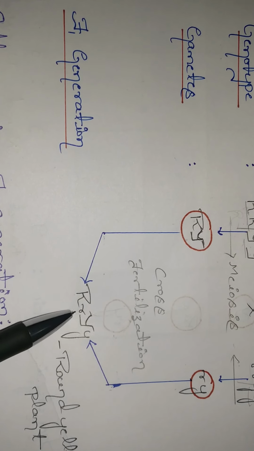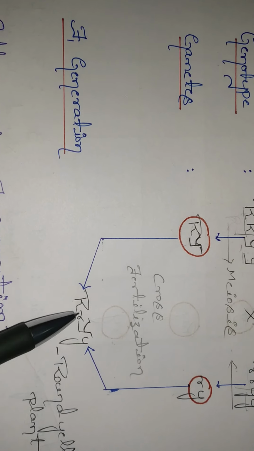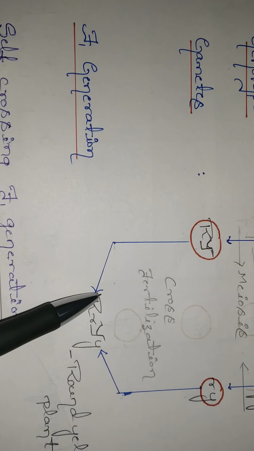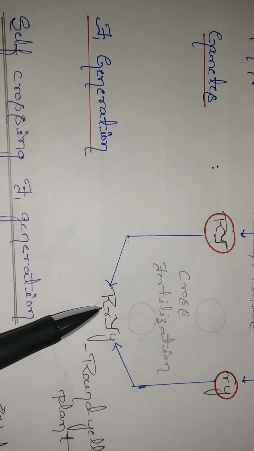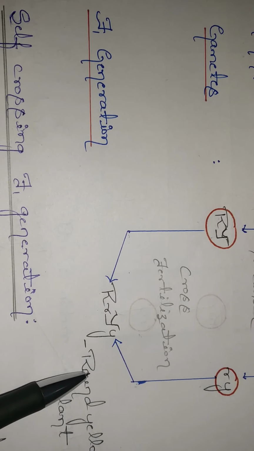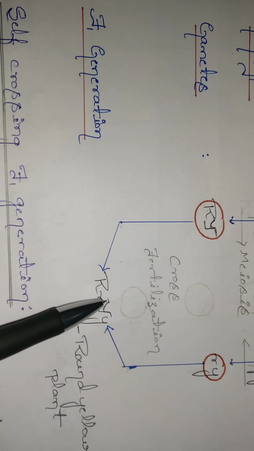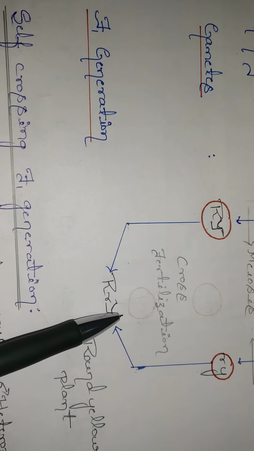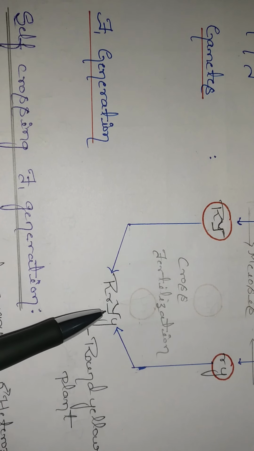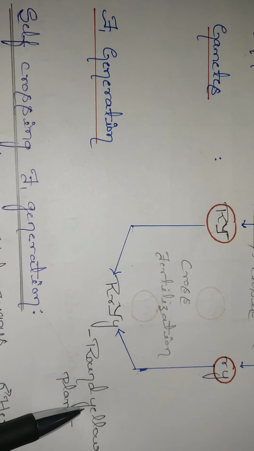This R represents the shape of the seeds. Because of the presence of the dominant character capital R, phenotypically the plant or the seed will always be round. Always round, remember. Then the color of the seed, due to the presence of the dominant character capital Y, will be represented as yellow.